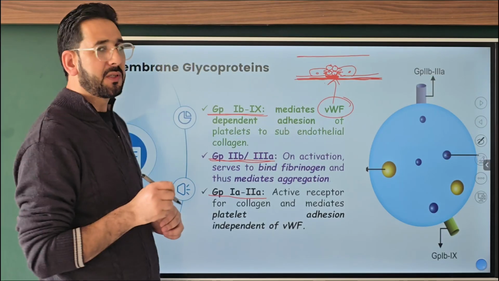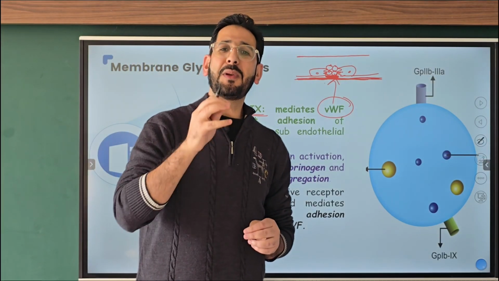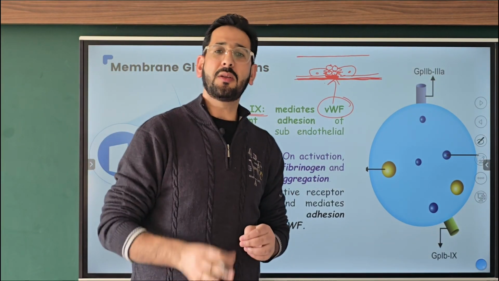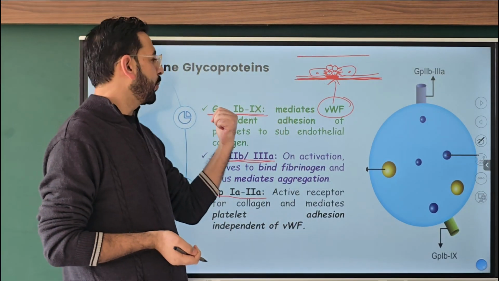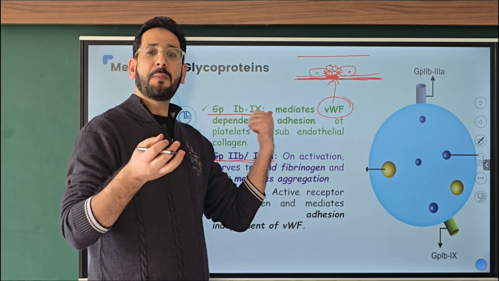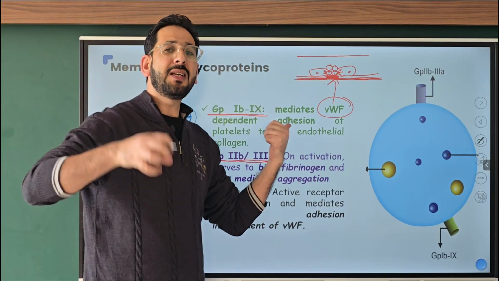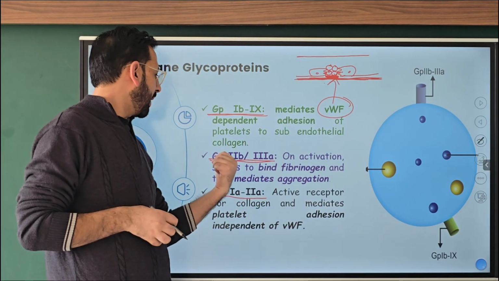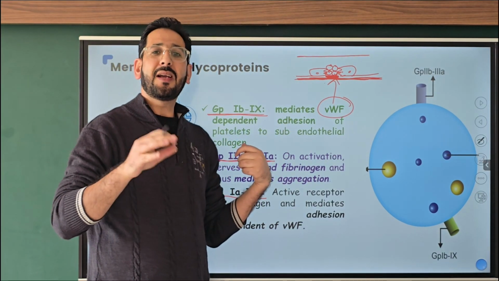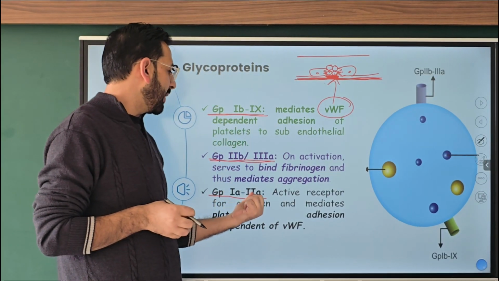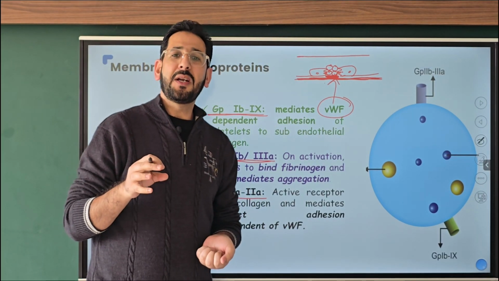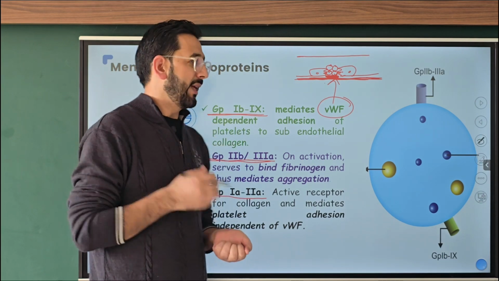These are the receptors that help platelet adhesion directly on the exposed collagen. So we have three. The first is glycoprotein 1b9. It helps in platelet adhesion with von Willebrand factor. Glycoprotein 2b3a is for platelet aggregation, platelet with another platelet. We have glycoprotein 1a2a. It helps in platelet adhesion directly on the exposed collagen.